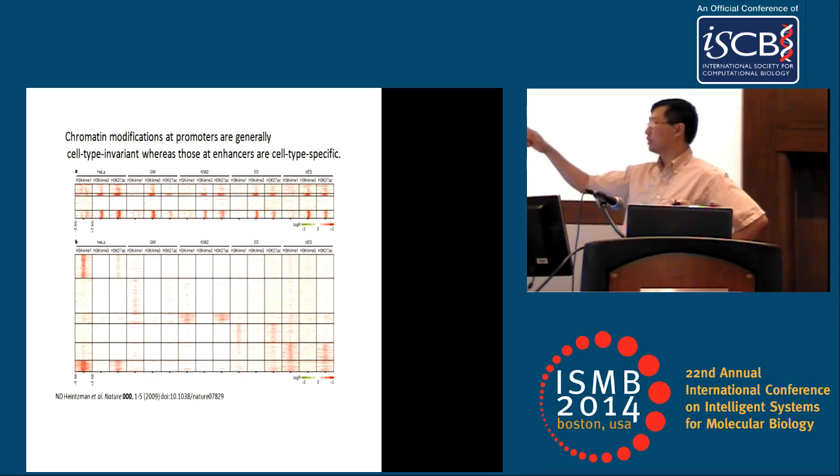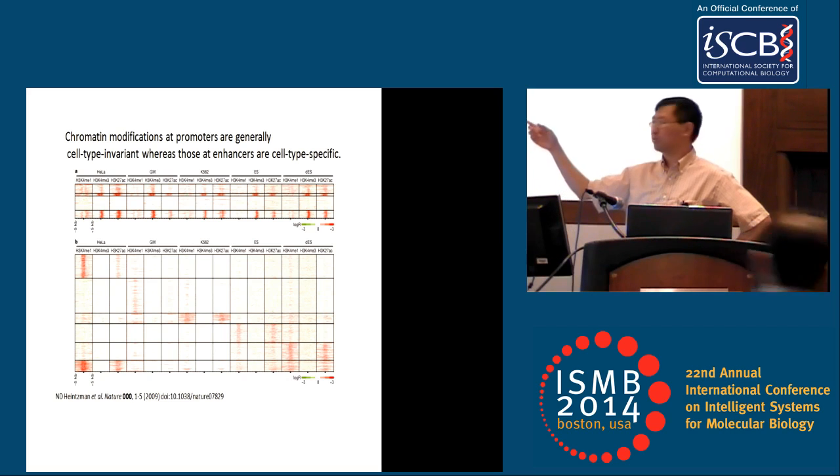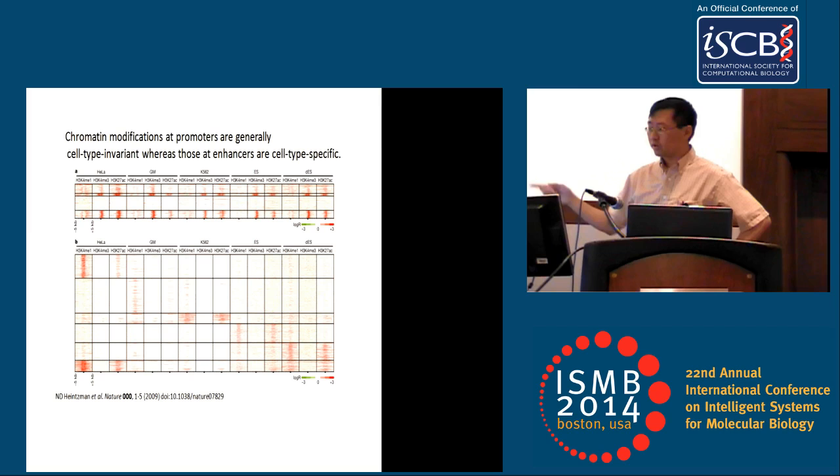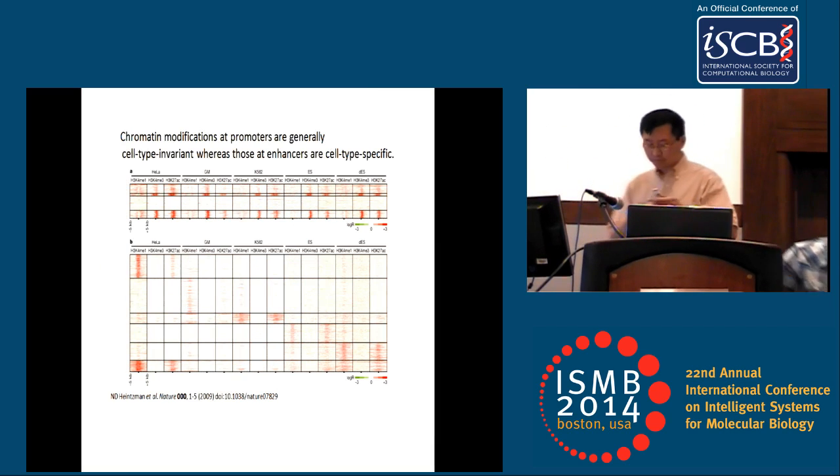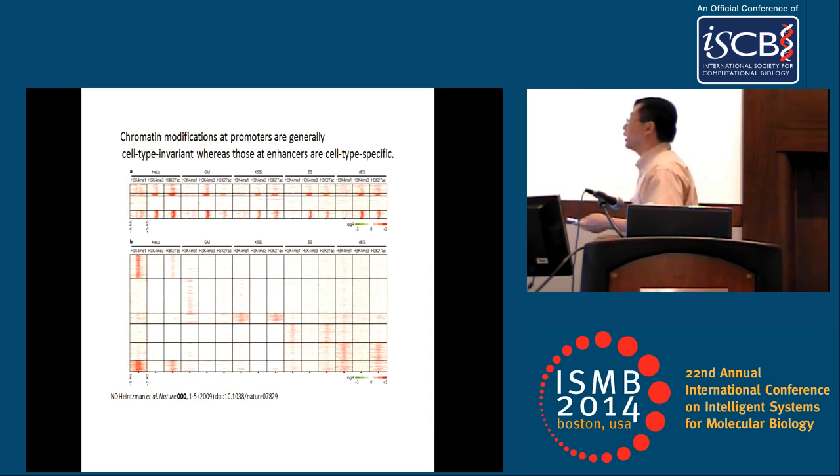Basically there's very little change of epigenetic patterns between the cell lines. That means if you just look at the peak over here, no matter how strong this peak is, that does not correlate with the gene expression changes. Whereas if you look at enhancers, you get a lot more information.